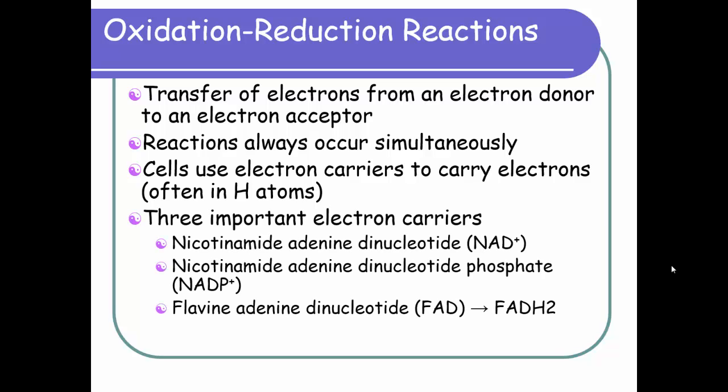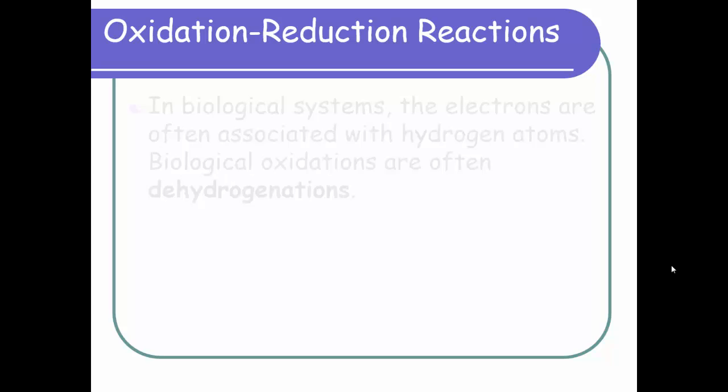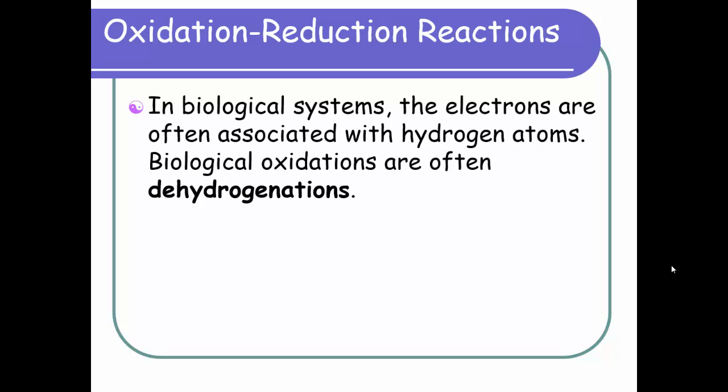There are three important electron carriers that we'll discuss in cellular metabolism: nicotinamide adenine dinucleotide, NAD, nicotinamide adenine dinucleotide phosphate, NADPH, and flavin adenine dinucleotide, FAD, which becomes FADH2. NAD and NADP both can accept a single electron. FAD can accept two.